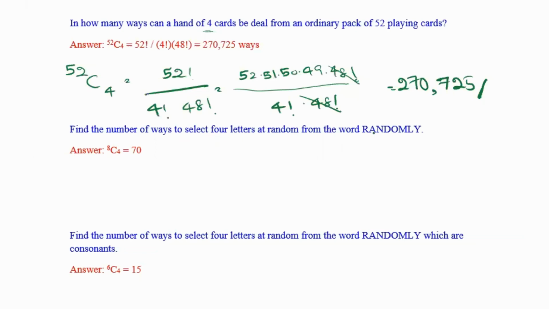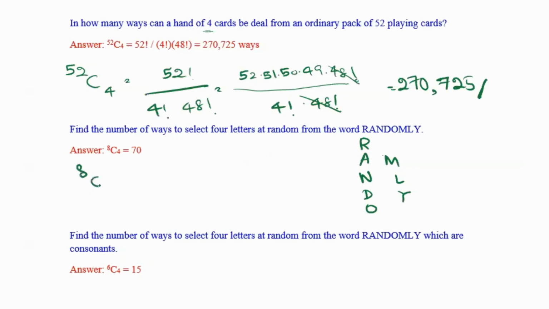Very easy. And in the same way, if we are to find the number of ways to select 4 letters at random from the word RANDOMLY, then we have R, A, N, D, O, M, L, Y, which means all the letters in RANDOMLY are distinct from one another. That means we don't have to divide by any similar or repetitive terms, which would have been the case otherwise. So now it's just a straight-up combination.